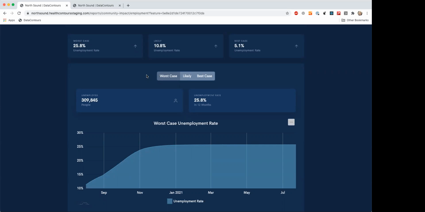So we reach a peak around the end of the year as the economic effects trickle out, and then it stays at that elevated level as there's no short-term economic recovery. So what would this look like in the Sound? It would be about a 25% unemployment rate and overall about 300,000 people unemployed.